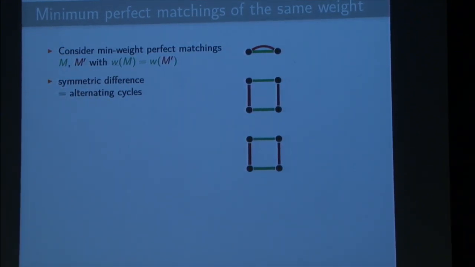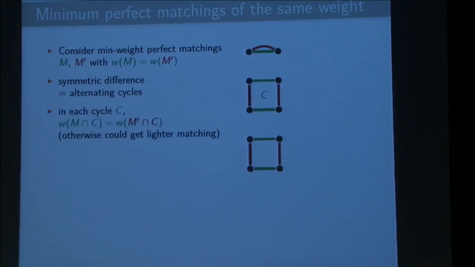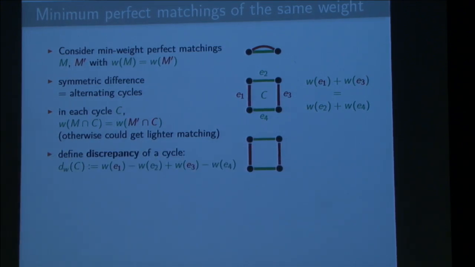So this means that for a weight function to not be isolating, the discrepancy, as they call it, the weight of the red edges minus the weight of the green edges, needs to be 0 along these cycles. So this gives us a goal.